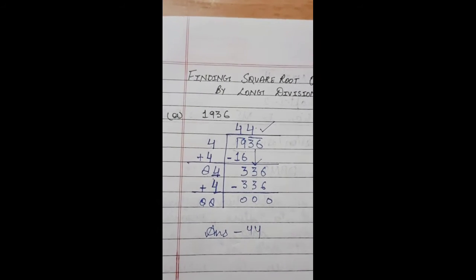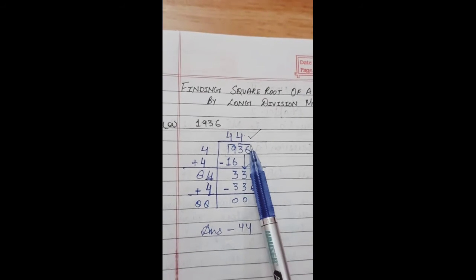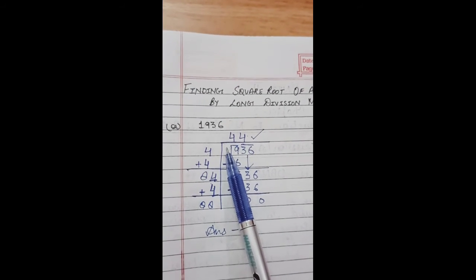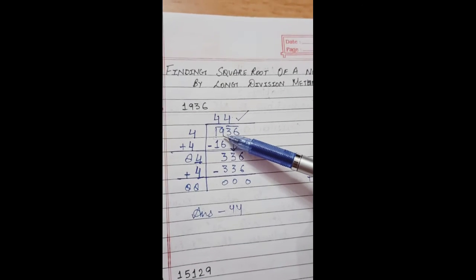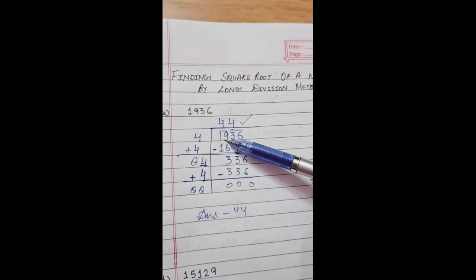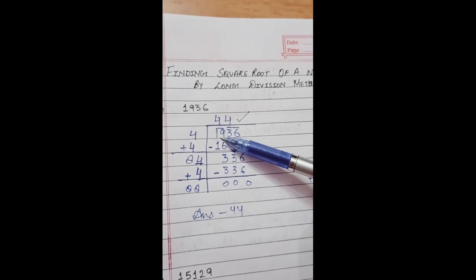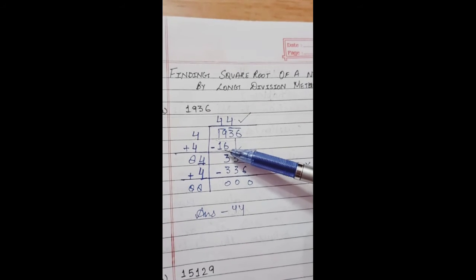First, what you have to do, first we mark pairs of digits from right to left. Now we look at the first pair and we find the perfect square which is equal to this number or less than this number. Okay, so here we get 16.